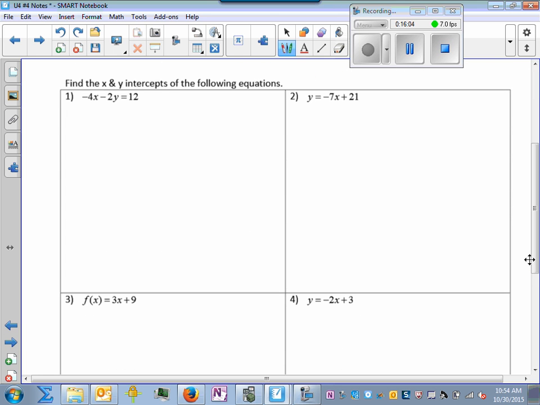So for number 1, I'd like you to split your pages so that you have room in each box. Number 1, in order to find my x-intercept, what am I going to do to y? No. What does it say right above it? What am I going to do to y to get my x-intercept? Make it 0. So I'm just going to plug in.